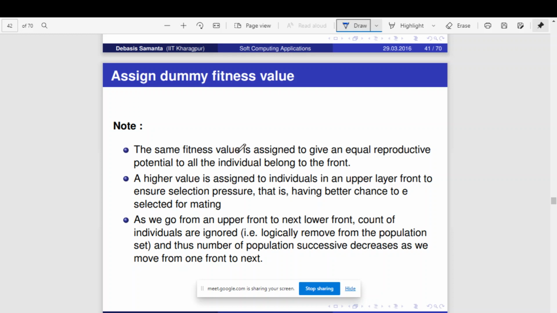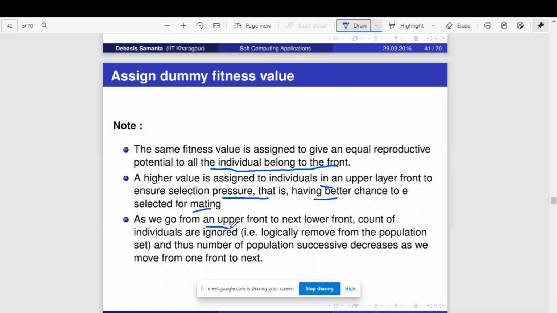The same fitness value is assigned to give an equal reproductive potential to all the individuals belonging to the front. A higher value is assigned to individuals in an upper layer front to ensure selection pressure, that is, a better chance to be selected for mating.